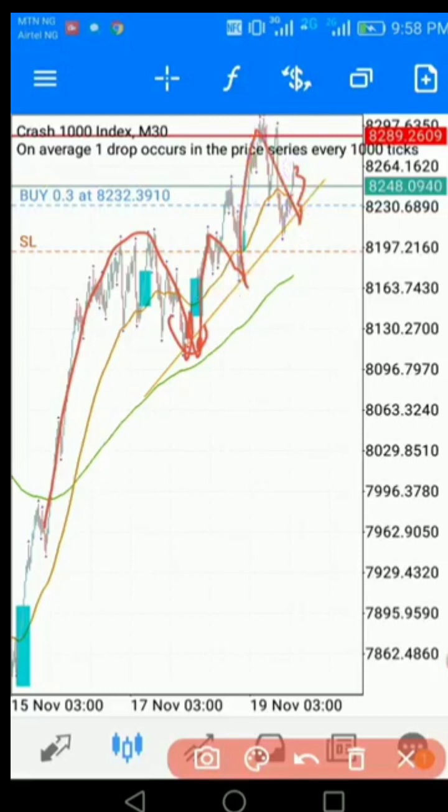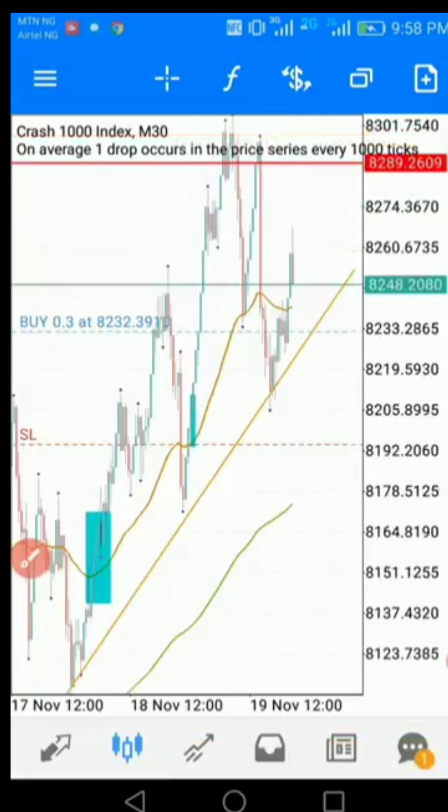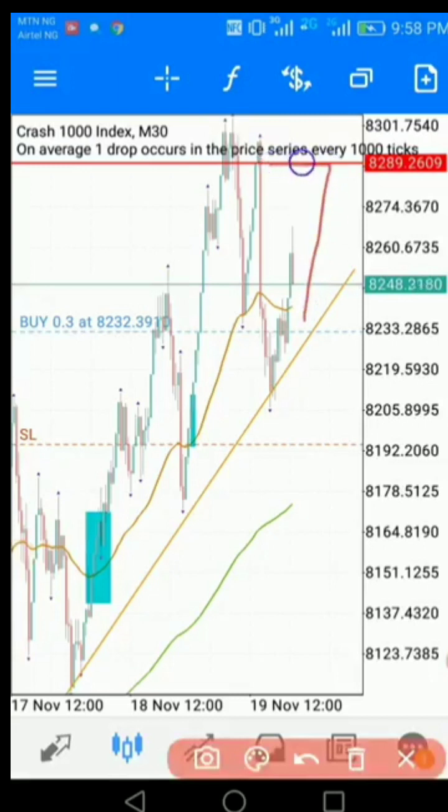So I took a sniper entry at this move. After drawing the trend line, I waited for it to come back to it, and then I took a sniper entry. I've taken trades already before, and with the condition for this strategy met, I am still on the trade, and I'm looking at it. It's gonna push up to this point.